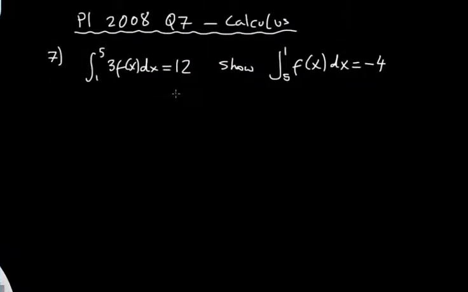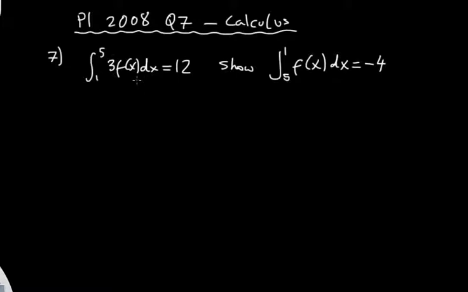Now, what things are they testing here? Well, one of them is the relationship between an integral when it's multiplied by a number and the integral when it's not multiplied by the number. So what happens to numbers or constants with integrals?